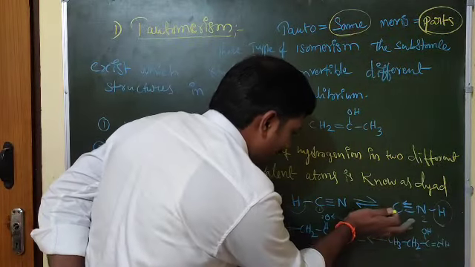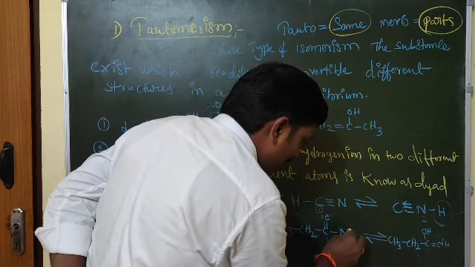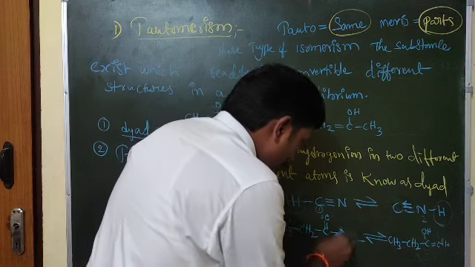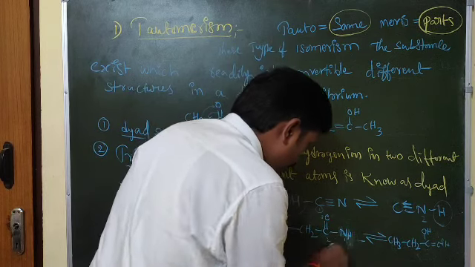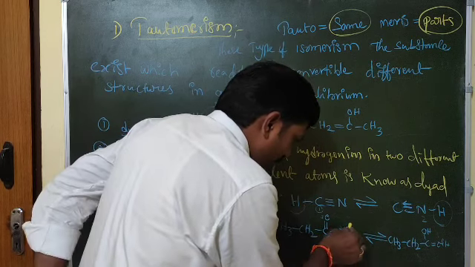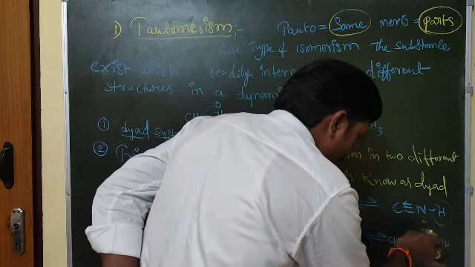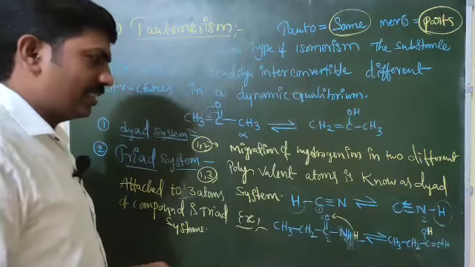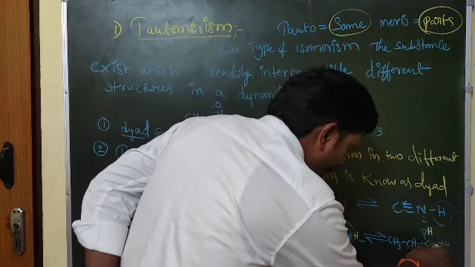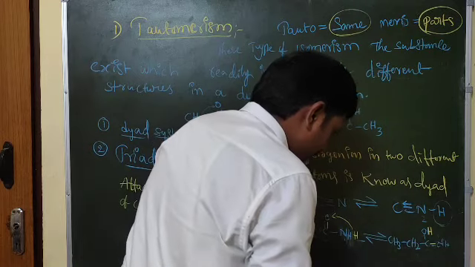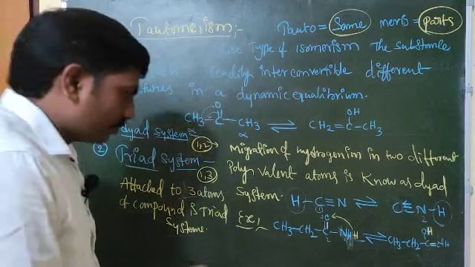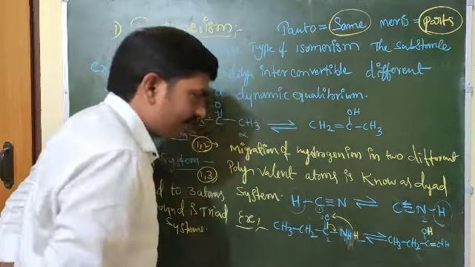The different atoms I represent in different colors, the hydrogen joins here, and the double bond goes here.